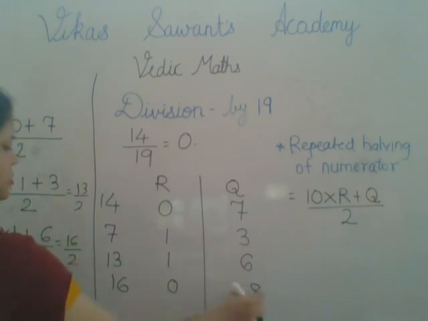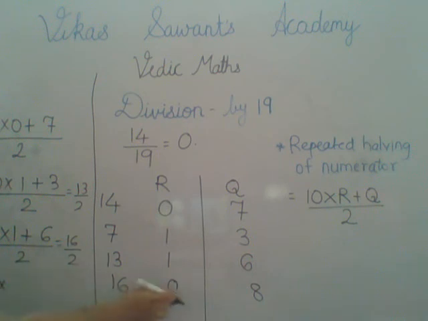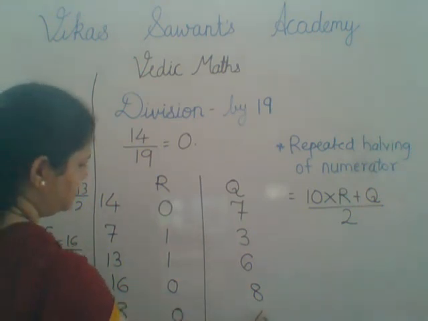Now again take that quotient: 10 into remainder 0 plus quotient 8, divided by 2. It is nothing but 8 divided by 2. Remainder will be 0, quotient will be 4.